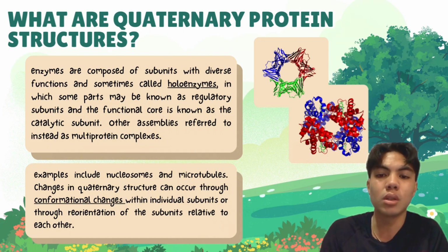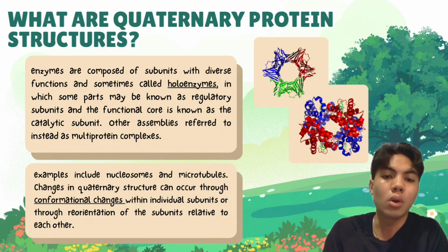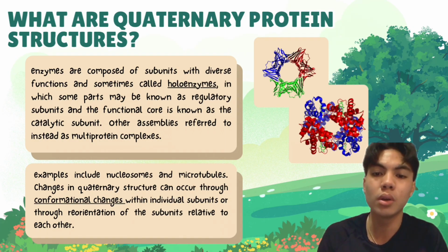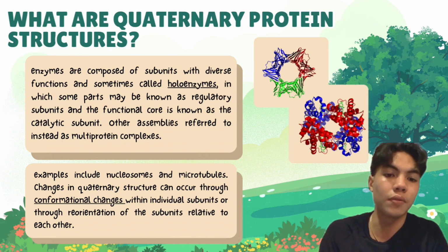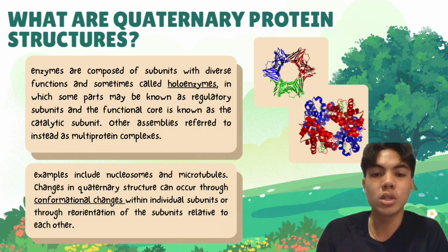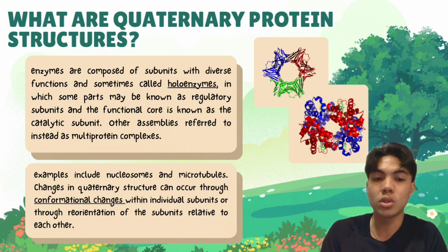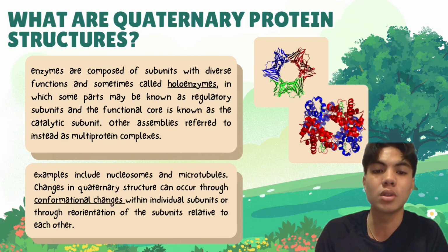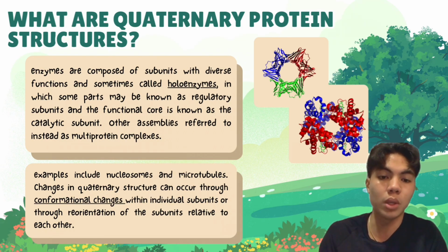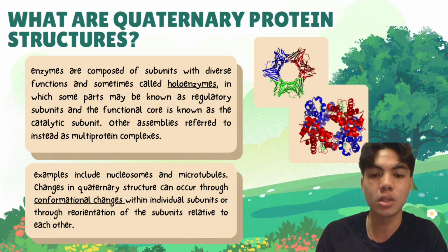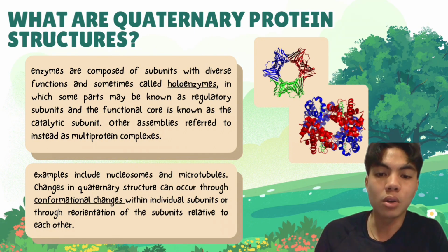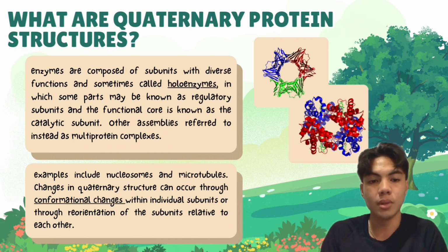Moreover, changes in quaternary structure can occur through conformational changes within individual subunits or through reorientation of the subunits relative to each other, in which its shape can change in response to changes in its environment or other factors. Each possible shape is called a conformation, and transformation between them is called a conformational change. A macromolecule is usually flexible and dynamic.